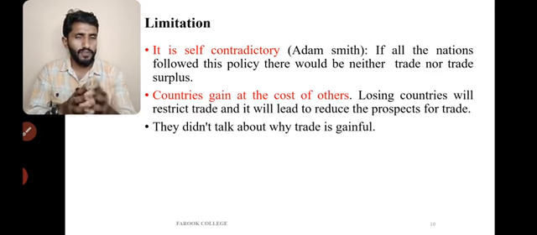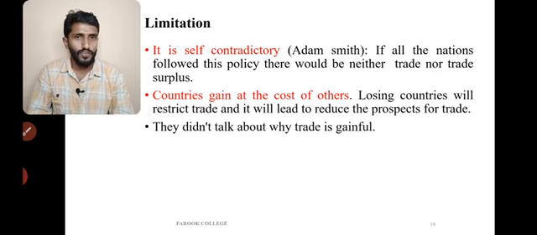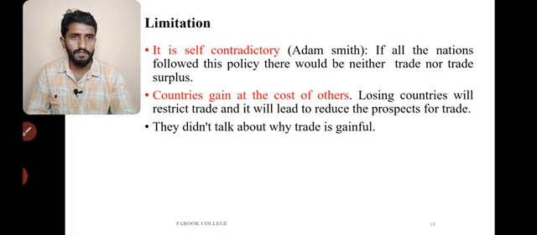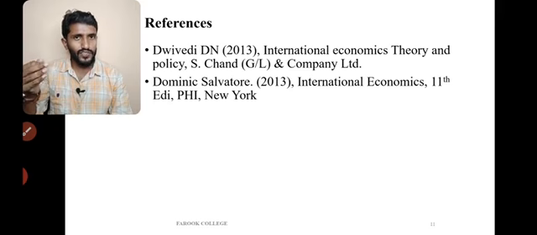In the future, when we deal with classical and other theories, you will understand how there is a possibility of mutual gain and a positive sum game. I am not explaining that now. So these are the limitations of mercantilist ideas or views.